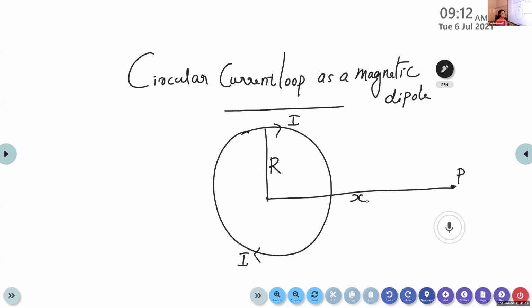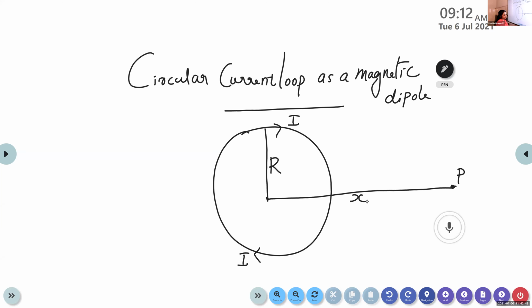Do you remember, we are deriving an expression for the magnetic field produced in a current carrying circular loop as an application of Biot-Savart's law, right? So here we consider a circular loop with radius r, and let I be the current passing through the circular loop. It produces a magnetic field. Then we consider a point P inside this magnetic field at a distance of x from the center of the loop.